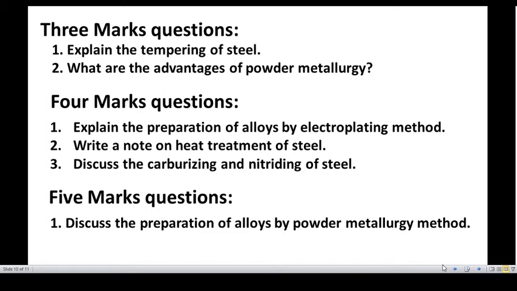The heat treatment of steel includes heating and cooling operations, or a sequence of two or more such operations, applied in order to modify its metallurgical structure and alter its physical, mechanical, and chemical properties. So heat treatment is done to modify the metallurgical structure and alter its physical, mechanical, and chemical properties.